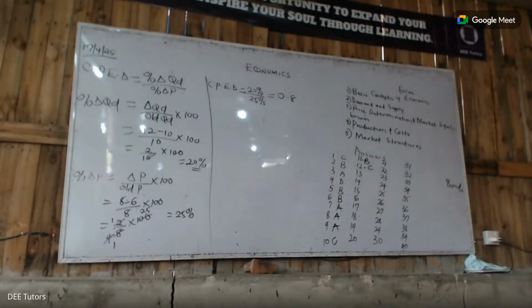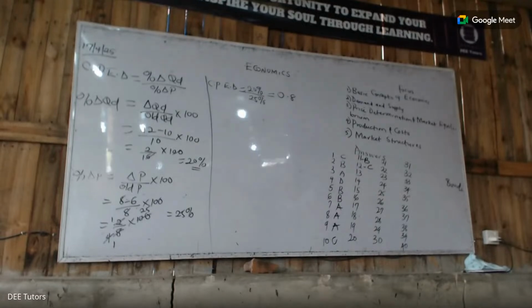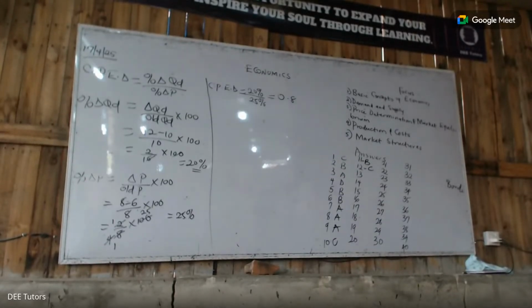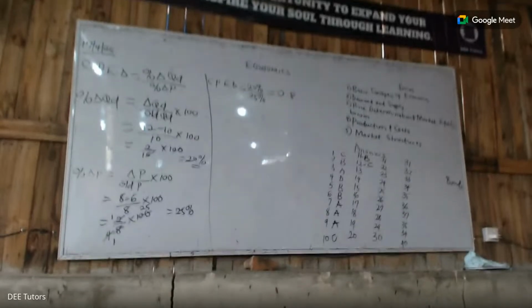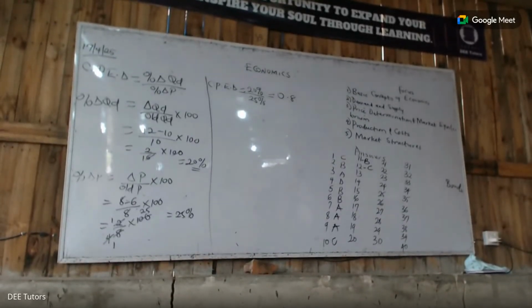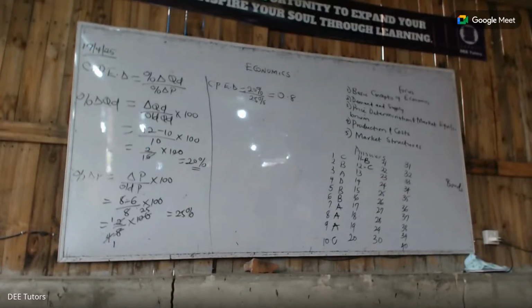Do we understand? Now, markets according to channels of distribution: retail market, wholesale market, and producers market.